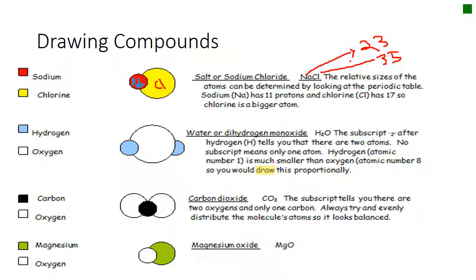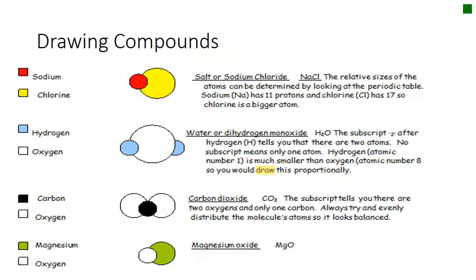Again, carbon dioxide. The atomic mass of carbon, I believe, is 12. Oxygen, I think, is about 8. Oh, I'm thinking I'm getting these numbers wrong here. Wait a second, let me erase that. Sorry.